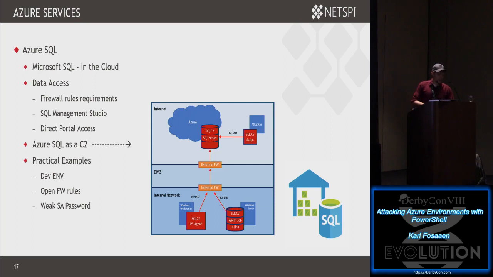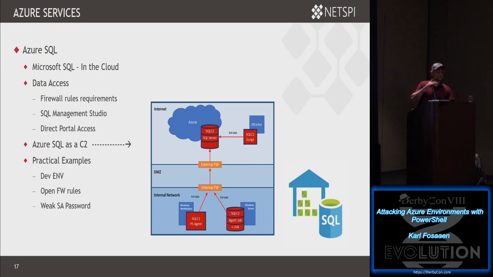In terms of accessing that data, if you're an attacker who's got domain creds and gets into the Azure portal, you can actually just directly query databases if you have rights to them from the portal. They've got a query explorer built into the Azure SQL section. Pretty easy to access. You can also access it from SQL Management Studio if the firewall rules allow it.